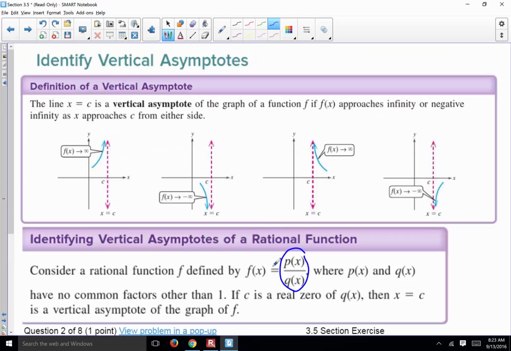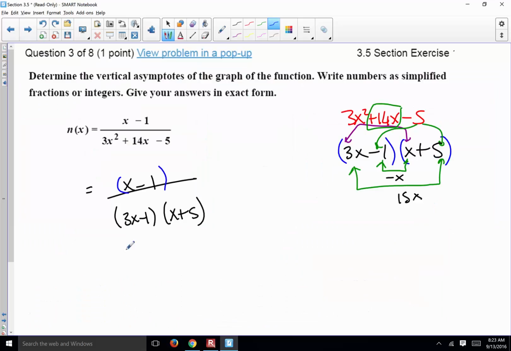Again, we need to do cancellations so you have no more common factors among them. But this thing is not canceling, so we are safe. All we need to do is set each piece equal to 0 and find out those vertical asymptotes.